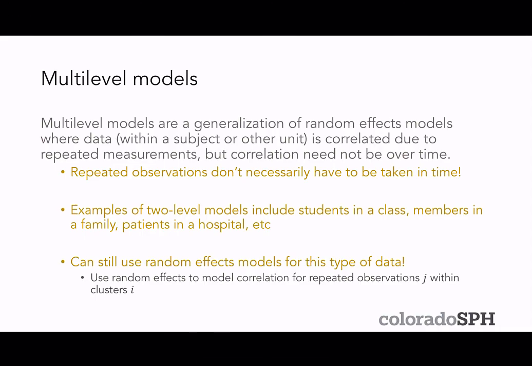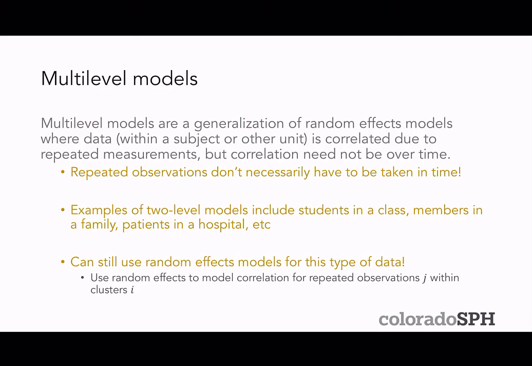And finally, I want to talk about multi-level models. So multi-level models are a generalization of random effects models. In the previous examples, we've only looked at longitudinal data, that is, the subject is measured over time and correlation is due to repeated measurements in time.